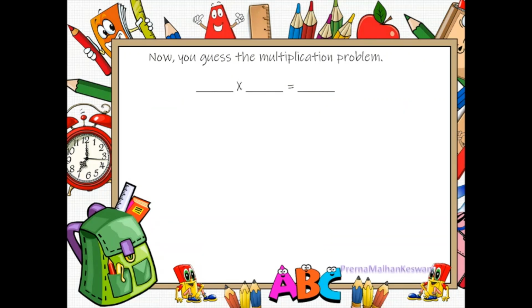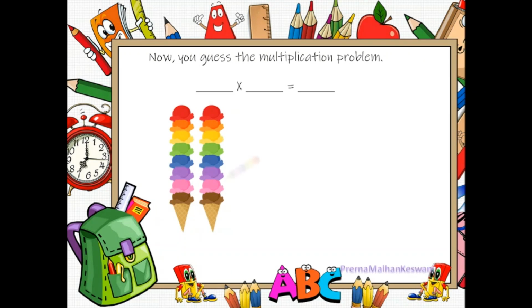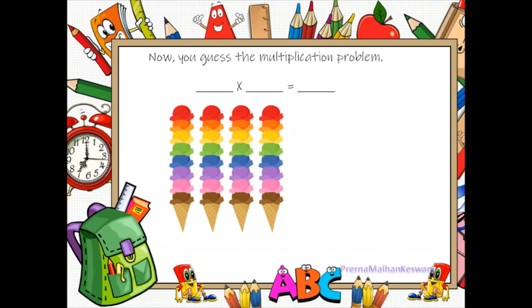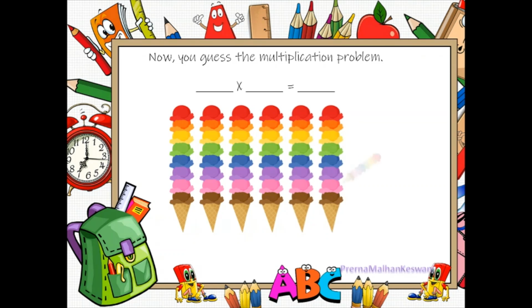Let's take another example here. So many scoops of ice cream. How many? Just count. Brown, pink, purple, blue, green, yellow, orange and red. It's 8 scoops of ice cream in one cone. Another 8, another 8, another 8, another one, another one, another one.